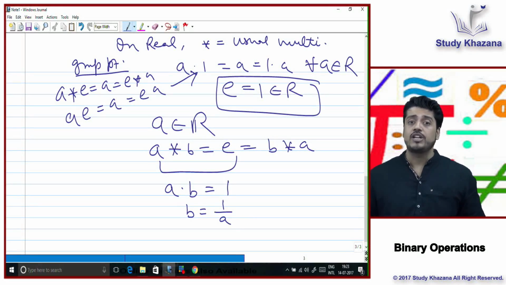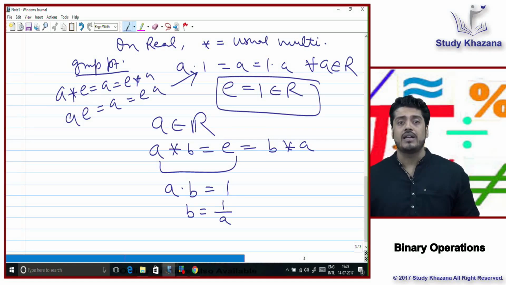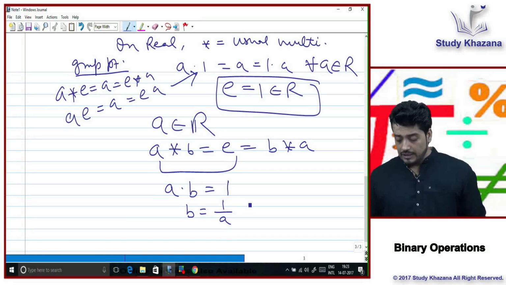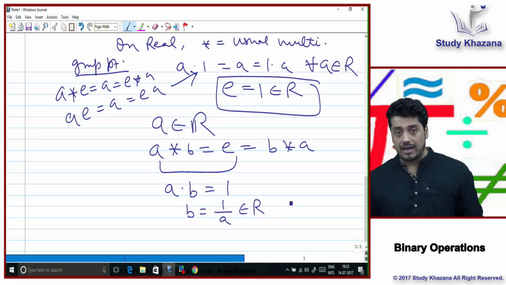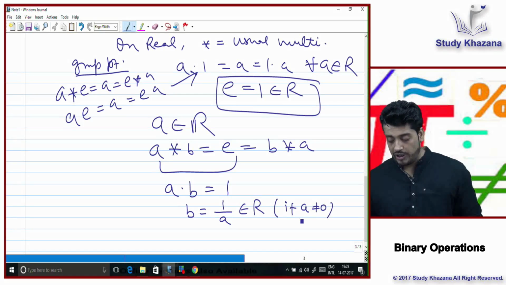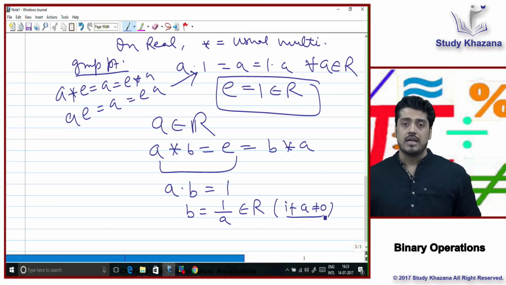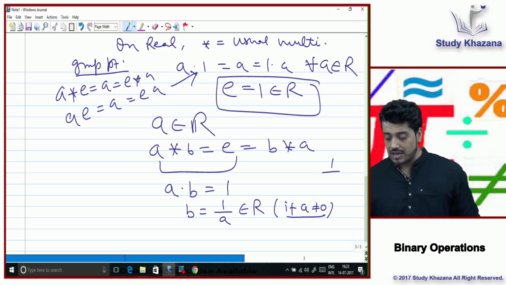Now, I have to make sure that for any real number A, 1 by A should again belong to R. But I observe that this element will belong to R if A is not equal to 0. This point is very, very important, because if A happens to be 0, then what is the choice for B? It is 1 upon 0. And as far as mathematical laws are concerned, 1 by 0 is indeterminate.